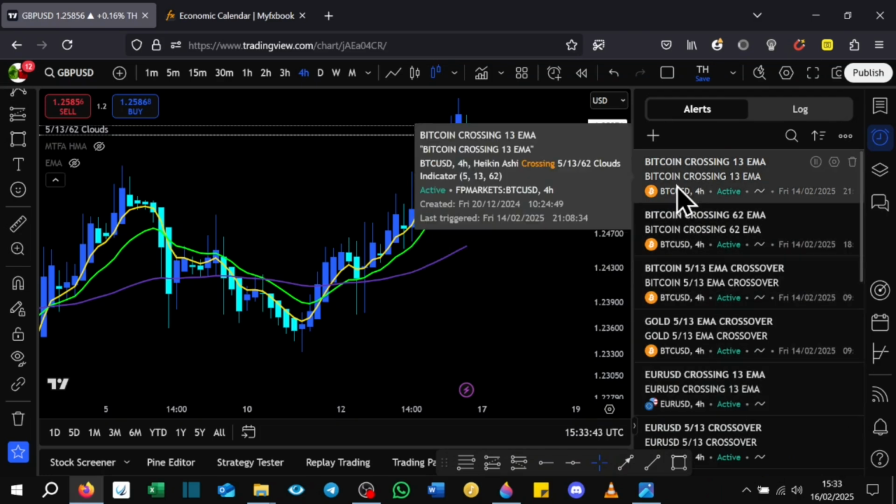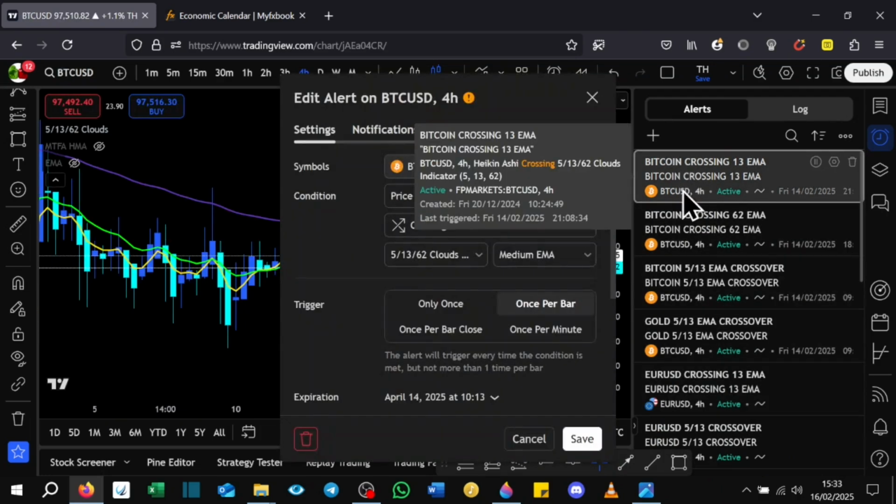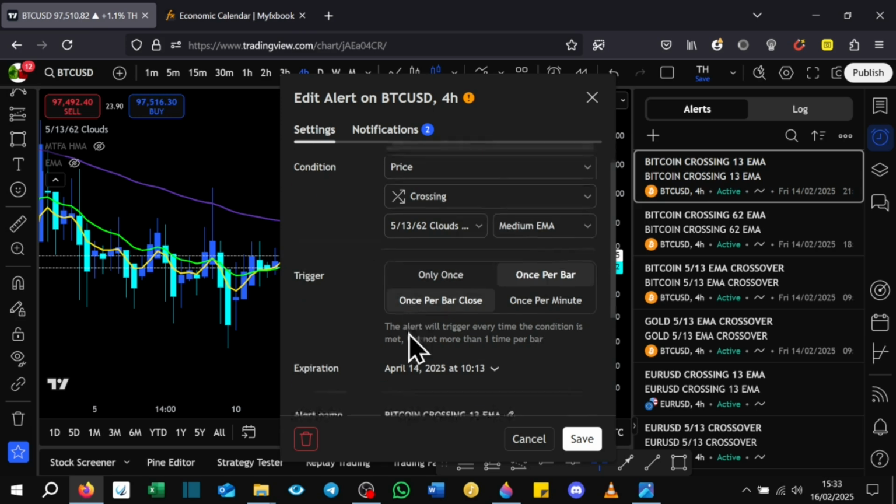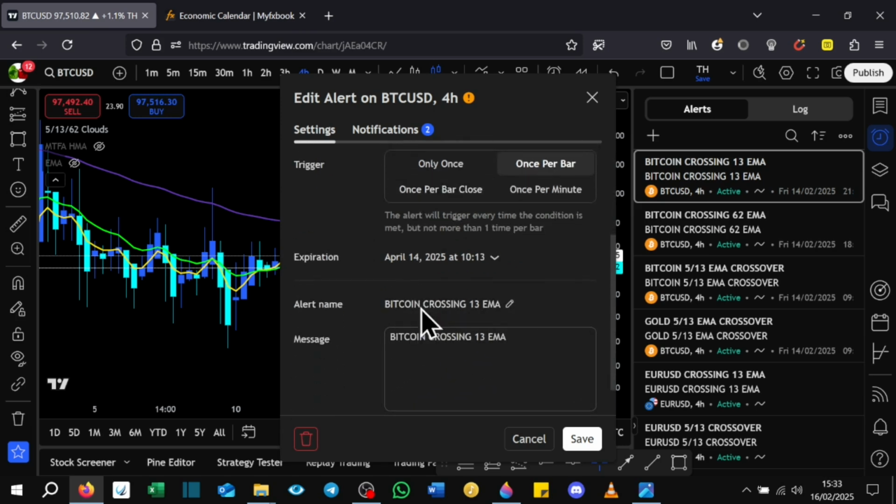And just another reminder, you get 2 months of what they call active alerts, and then they expire after 2 months. TradingView does not tell you when your alerts have expired. It's down to you to make a note of when your alerts are expiring and then change them for another 2 months, right? So mine, they might have expired.